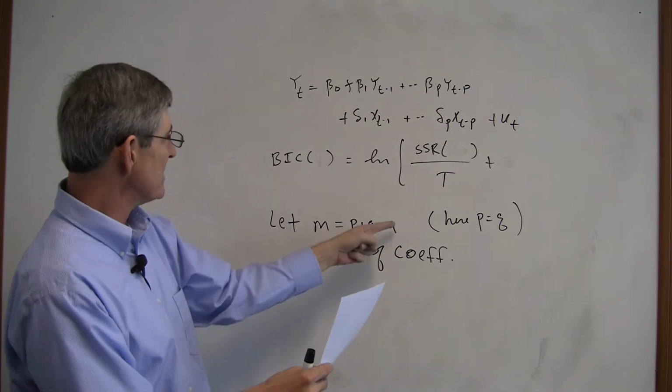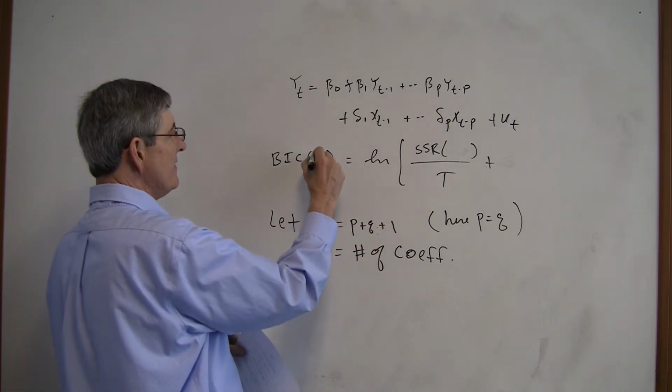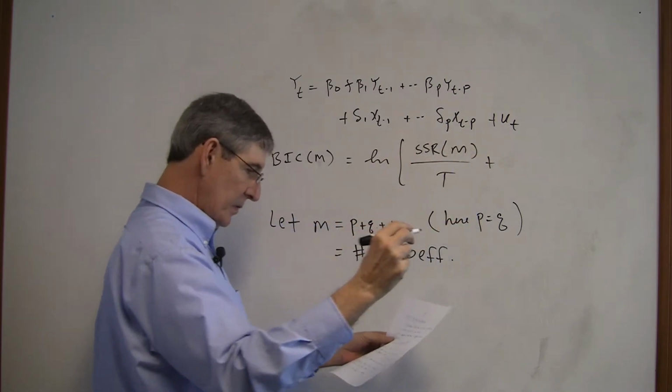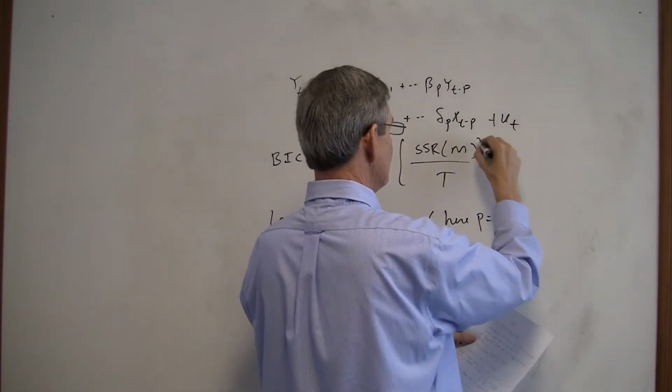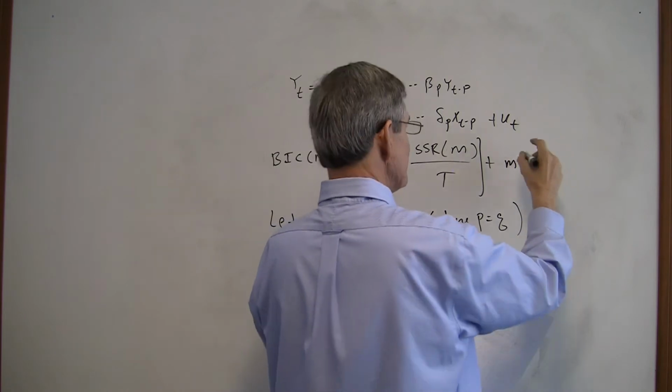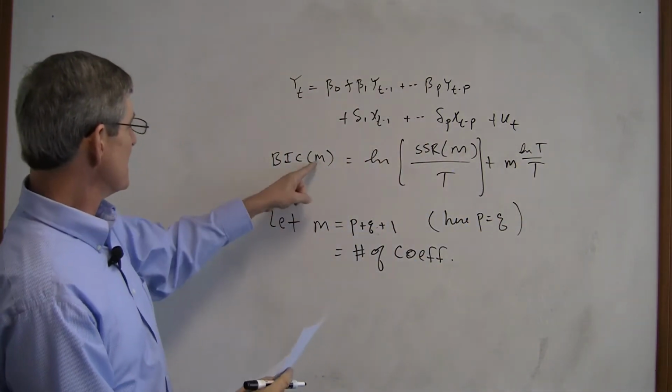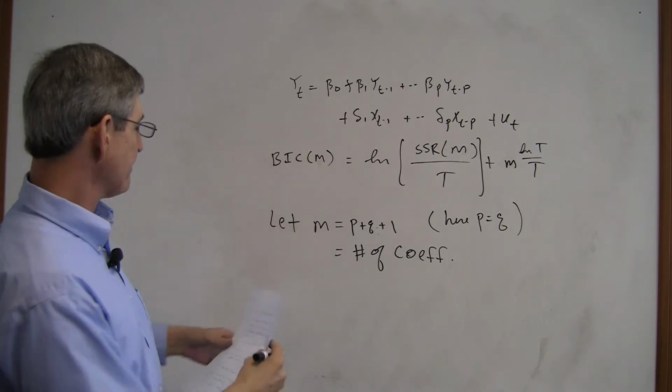So the total coefficients of this. So the BIC for those m coefficients would be the log sum of squared residuals plus m times the log of t over t. So this is just the number of coefficients in the model.